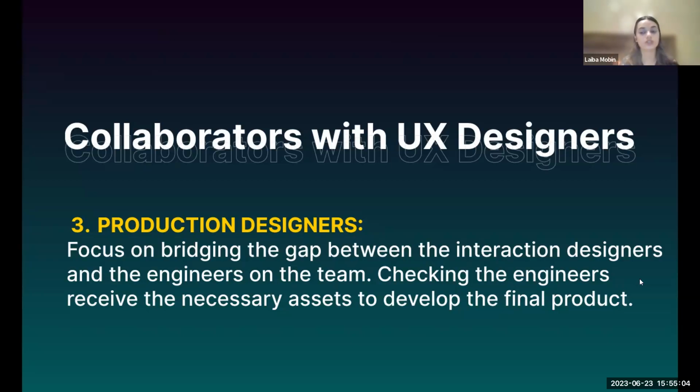All of the assets and elements that the interaction designers are designing, for example, in your Figma file, the production designers bridge the gap so the engineering team receives them. They communicate between interaction designers and engineers, making sure the engineers receive everything they need to create the final product. So that's simply what they do, right?